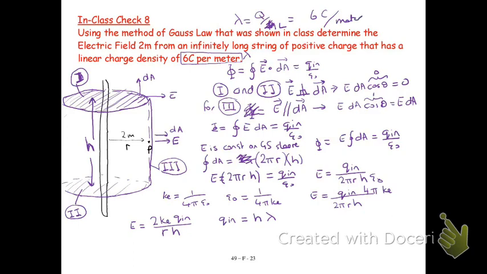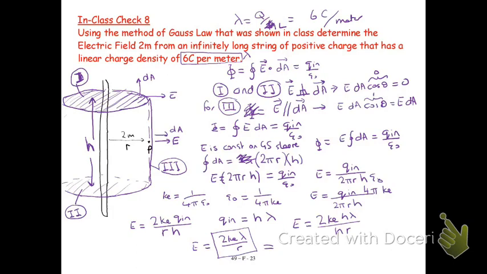Oh, I see. So I can say E is equal to 2 KE, and then I have h lambda over h r. So E is equal to 2 KE lambda over r. That's it in letters.